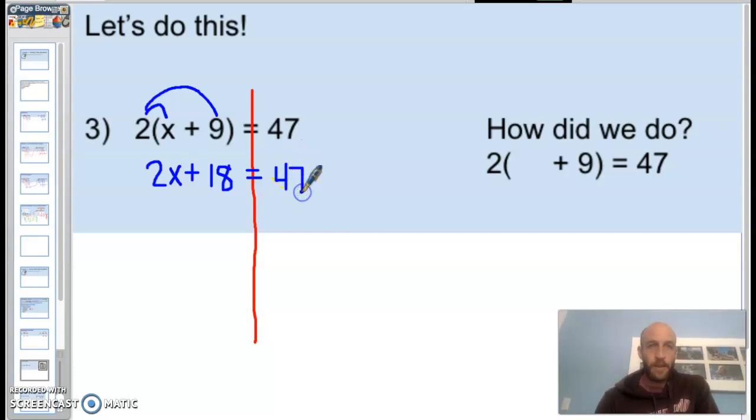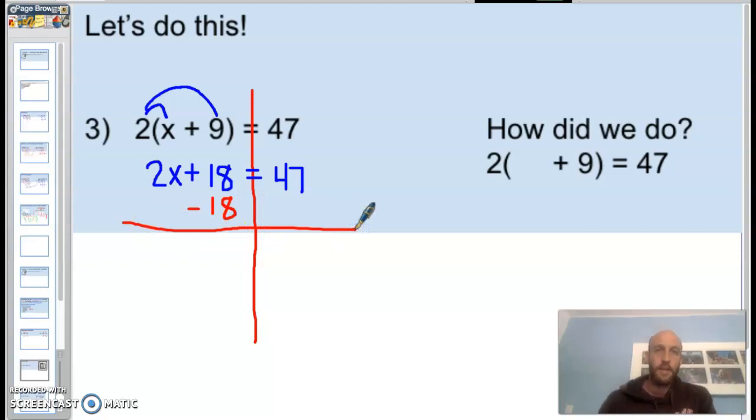Okay, now this equation that I just wrote in blue is just like the equations you did in the last lesson, right? This is a two-step equation. I want to know what is just the 2x equal to. So I want to try to get rid of this positive or plus 18, and I want to do that by doing the opposite, right? The inverse, which is subtracting.